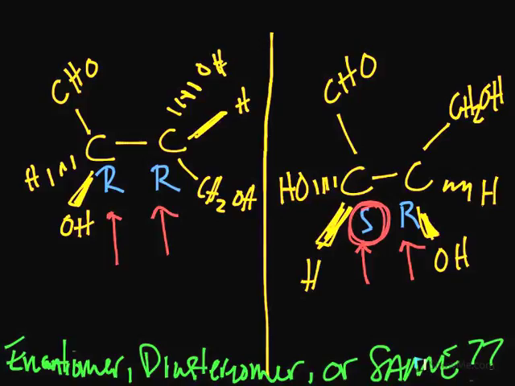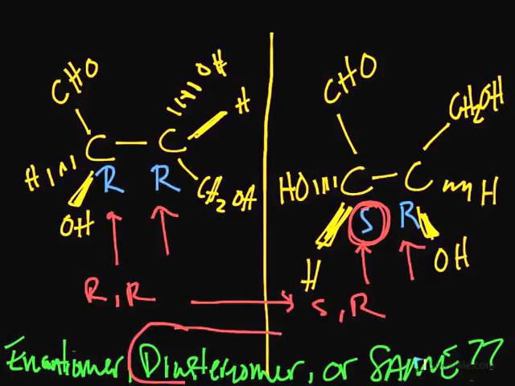On this one we have R and R, but on this other one we have S and R, and because only one of the chiral centers has changed, that is automatically the definition of a diastereomer. So in this case, this is a diastereomer. Again, the reason is because only one of the chiral centers is changed.